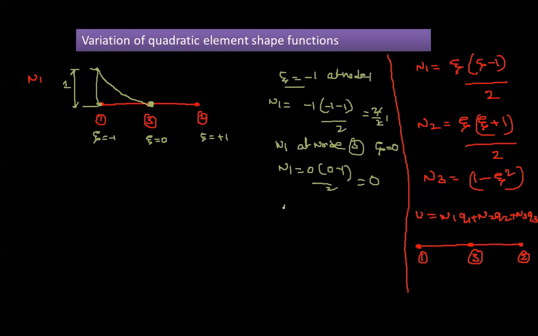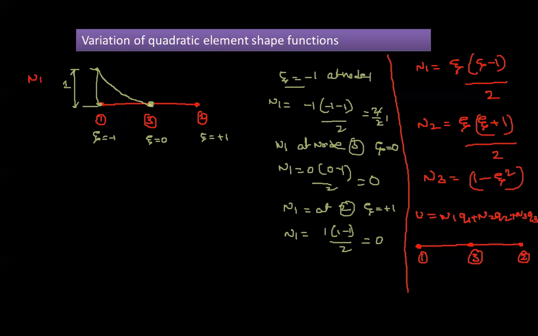Now let us find the N1 value at node 2. At node 2 the zeta becomes plus 1, therefore N1 is equal to 1 into (1 minus 1) divided by 2. 1 minus 1 becomes 0, so this becomes 0. The N1 value at node number 2 is again 0.